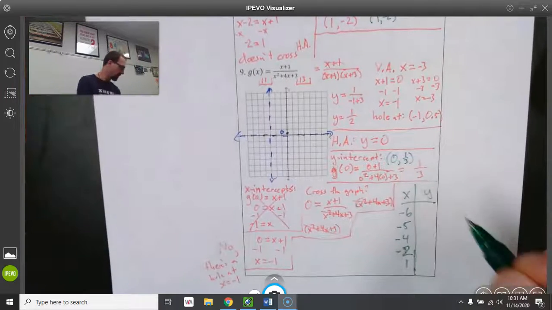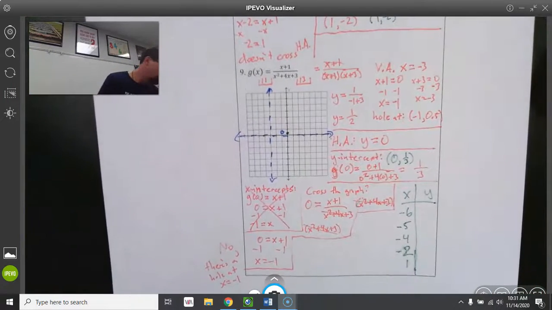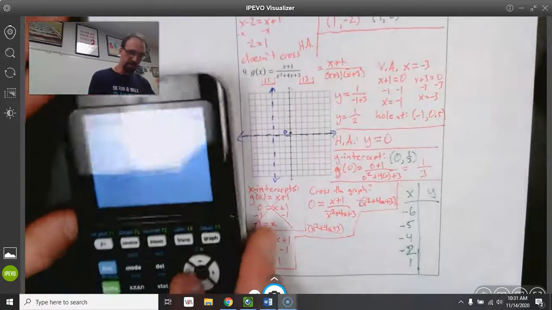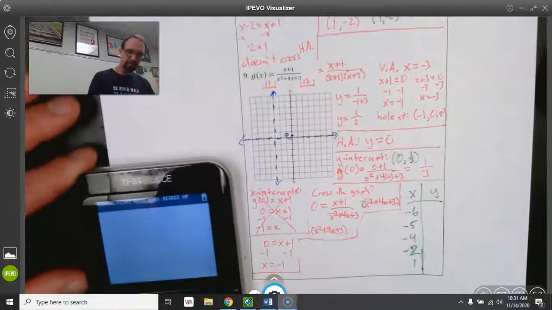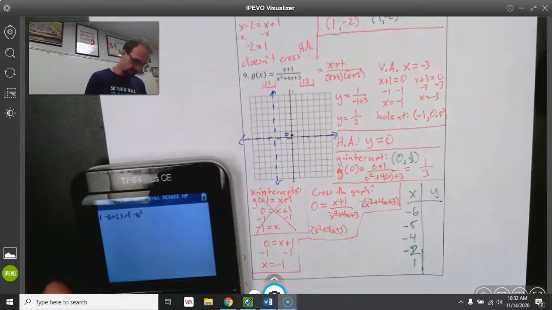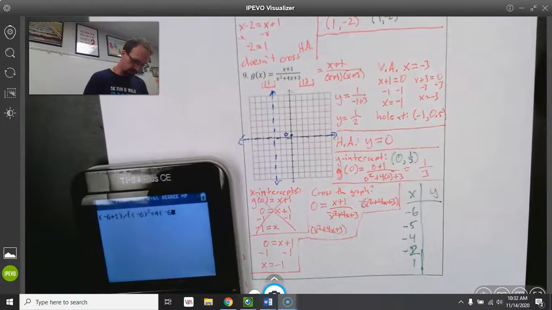Here I'm just going to grab my graphing calculator and plug it in. So I have parentheses -6 plus 1 close parentheses divided by -6 squared plus 4 times -6 plus 3.